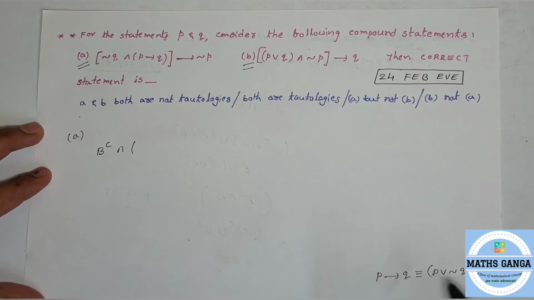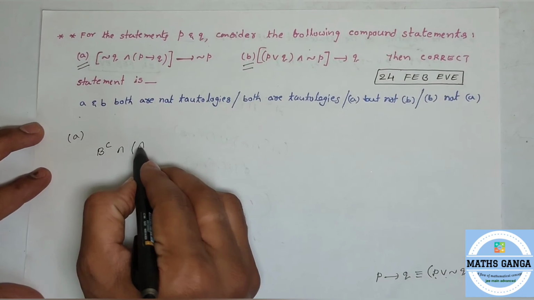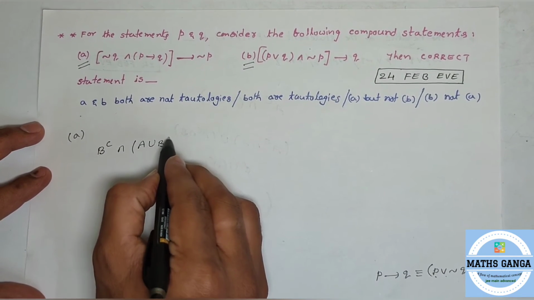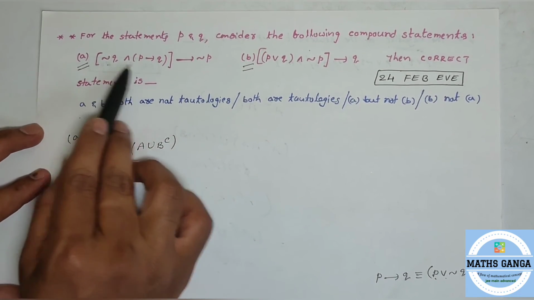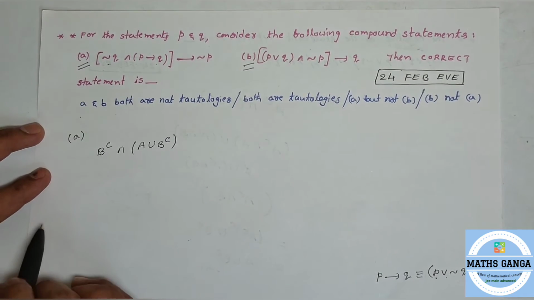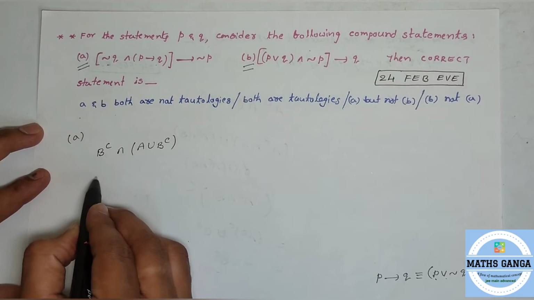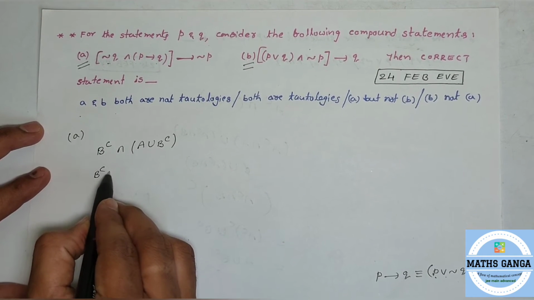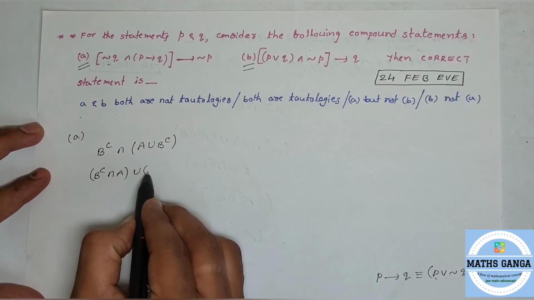These two are equivalent. So this P implies Q is equivalent with P or negation of Q, and in terms of sets, which is nothing but A union B complement, right? So this is the inner bracket of this particular statement A. First of all, try to simplify this and then you just apply implies negation P then.